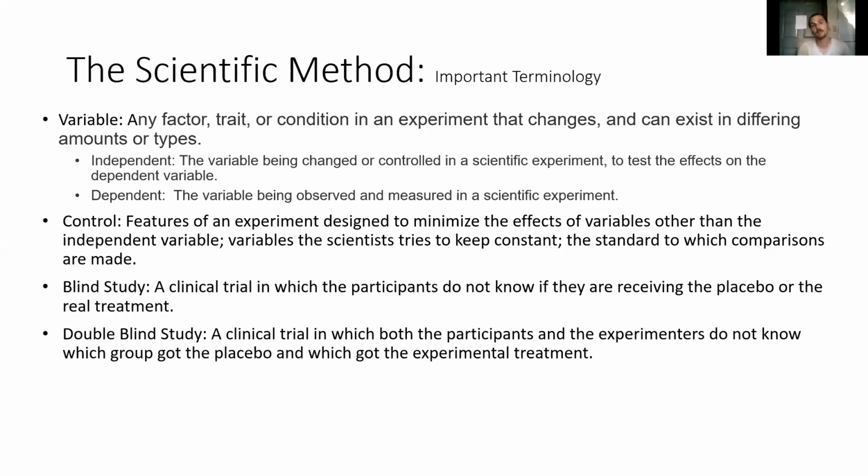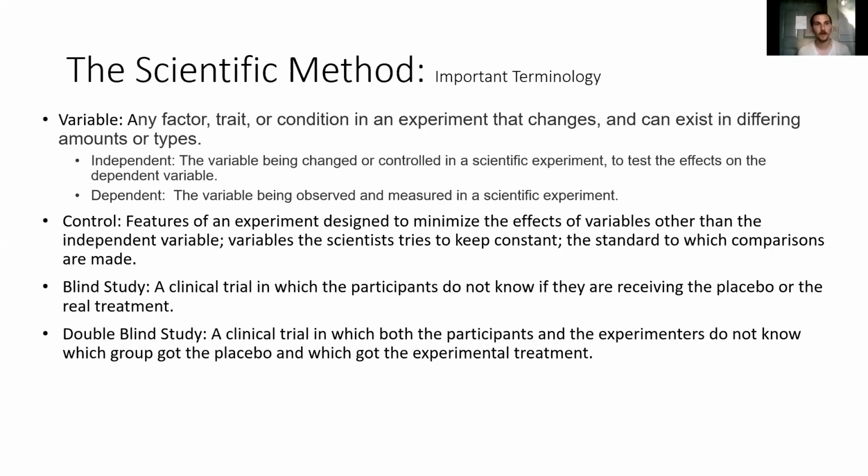Controls, every experiment is going to have controls. And this is basically, we appreciate that in any situation, many times there are seemingly countless variables that can potentially affect the specific thing that you are trying to observe.